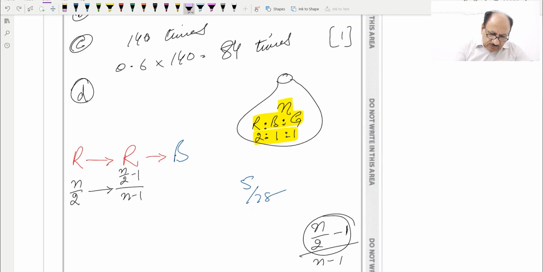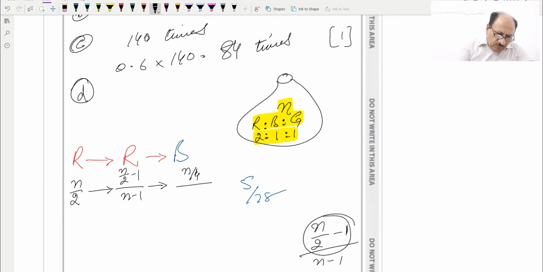Hopefully you understood this. Now for the next stage, it should be blue. Getting blue will be n by 4, because a fourth part is blue, so 1 by 4 is the probability for blue, so n by 4 divided by the total, which is now further one less.